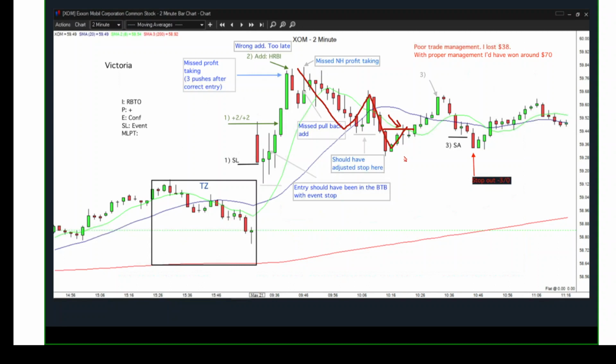It shouldn't go any deeper. It's done, right? If it breaks this one again, now there's a problem. Now you have serious trouble. You don't want that. So in this case, there is no need to wait to adjust the stop. The stop is here, okay? And now immediately you jam that stop up at this moment when you do this add here.